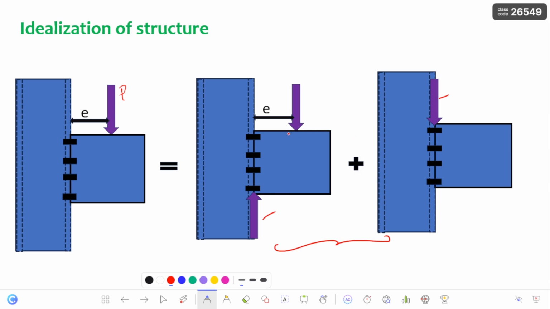So there is a development of the moment in this direction, and also there is a possibility of shear force which is acting along the bolted group. Now we have to convert this moment into tension force in the bolts which are above the neutral axis, and also into compression force in the bolts which are below the neutral axis.